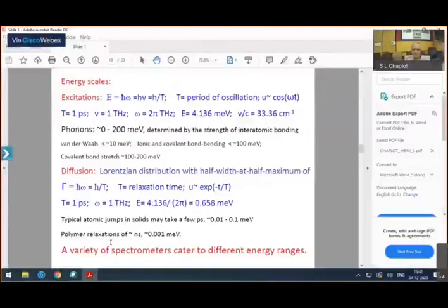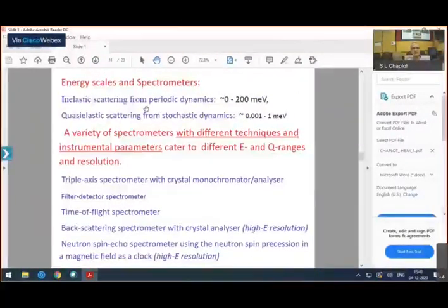There are tens of spectrometers of this kind which are relevant. So we just said, what are these spectrometers like? We will try to come to this, talk about it today, maybe a little bit, or move over to it later.